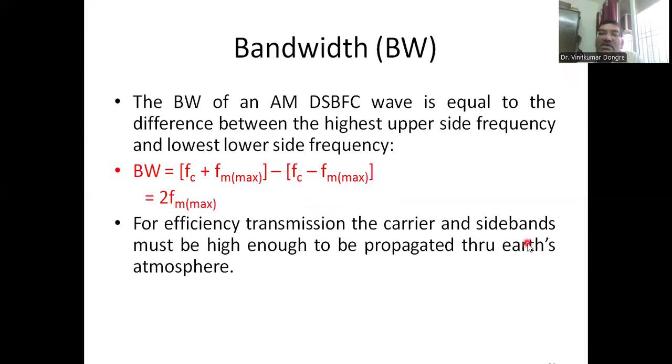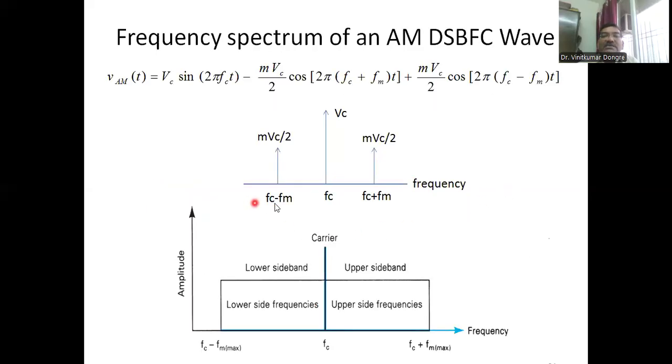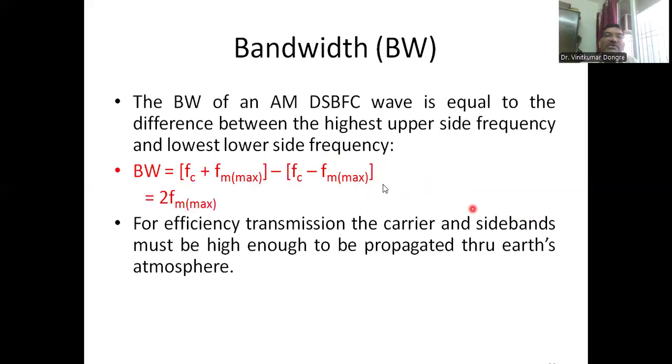Now further, if you want to go for the bandwidth calculation, how can we calculate the bandwidth? Previously you can see this is the lower sideband spectrum, this is the upper sideband. The difference between the lower and upper is your bandwidth. That is simple. So the bandwidth of this double sideband full carrier is given by: this is the upper sideband, FC plus FM.